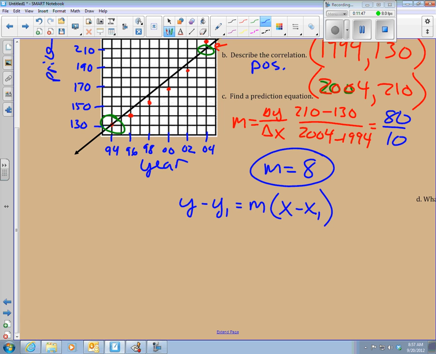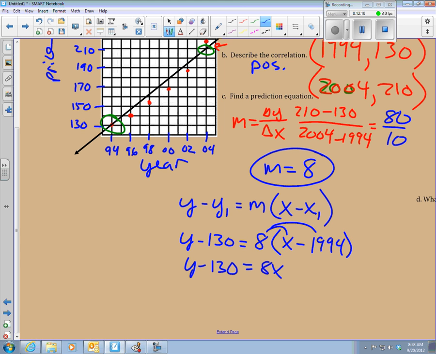I think I could use y minus 130 equals 8 times x minus 1994, and then multiply. We get 8x minus 15,822.